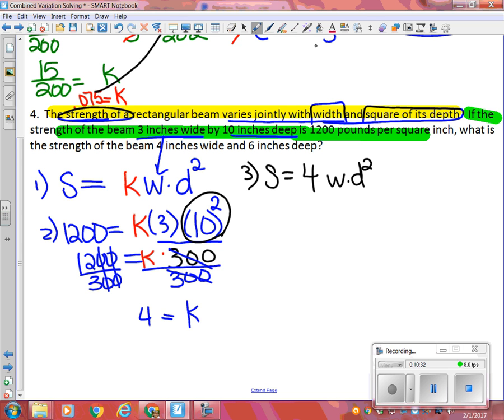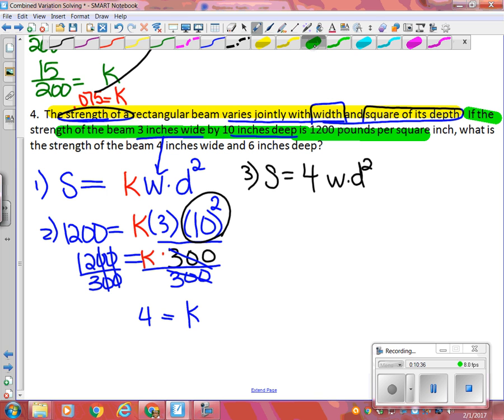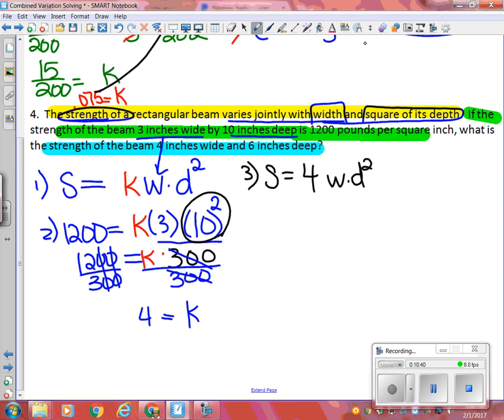All right, and the last one, let's make sure we focus on what it is that we were asked to find. What is the strength of the beam? 4 inches wide, 6 inches deep. What is the strength of the beam? 4 is my constant. 4 inches wide is also my width.